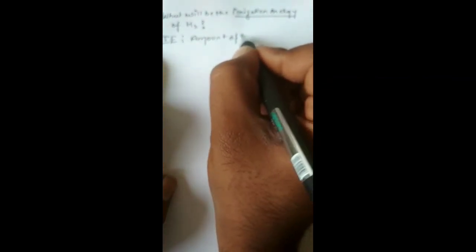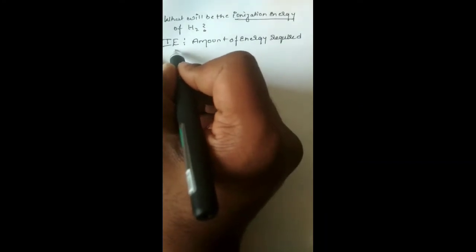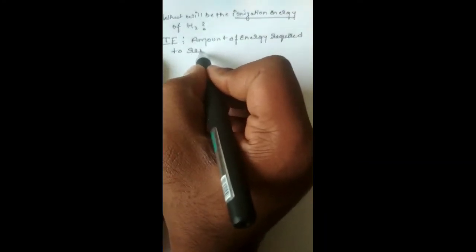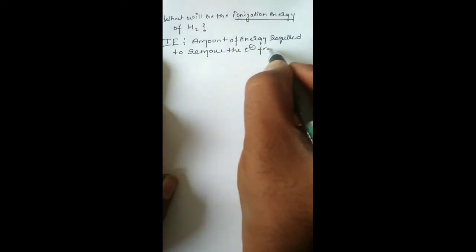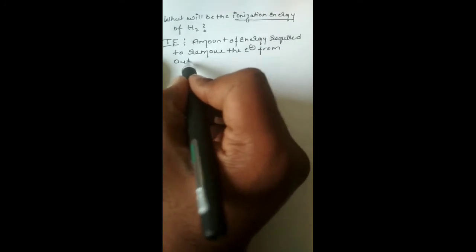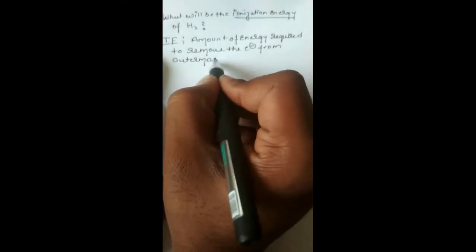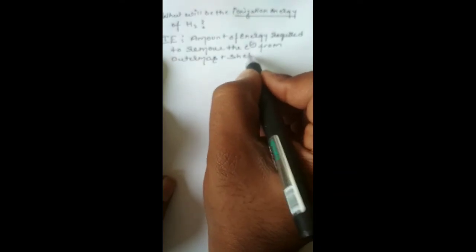Ionization energy is the amount of energy required to remove the electrons from the outermost shell.